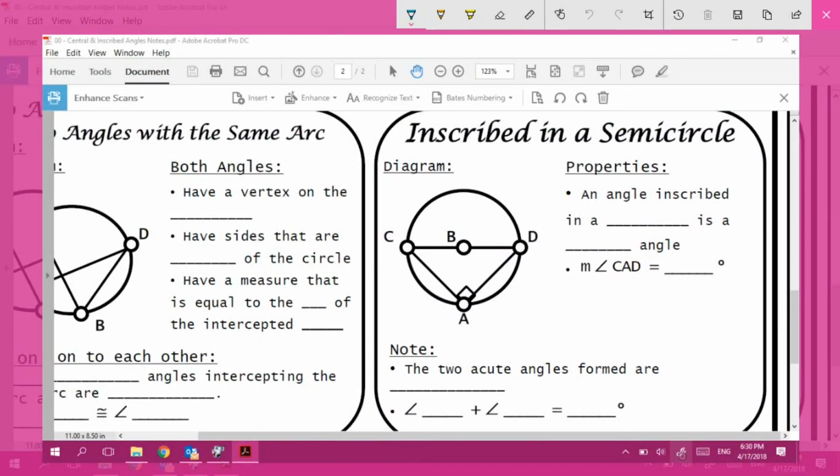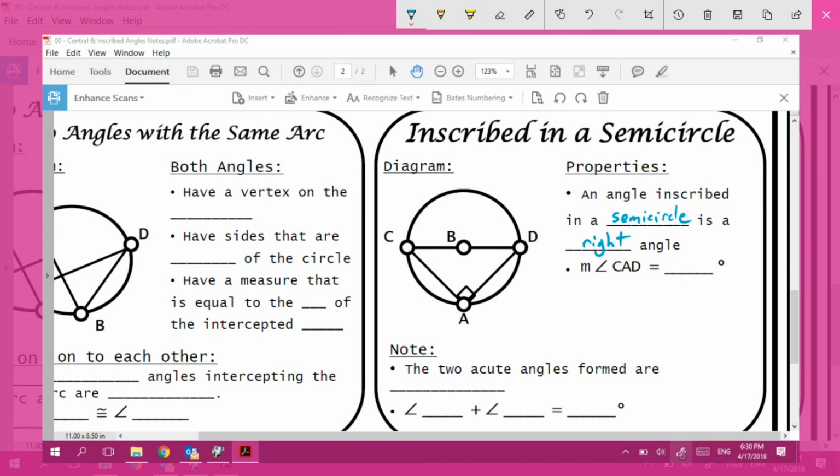And last up, we have an inscribed angle that is inscribed in a semicircle. Properties. An angle inscribed in a, what are we talking about? Semicircle is a right angle.